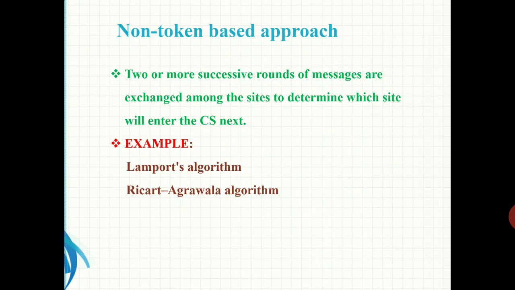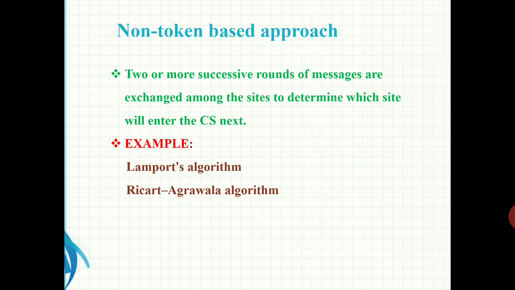In the non-token based approach, a site communicates with all other sites in the distributed system in order to determine which site should execute the critical section next. That is, if a particular node wants to enter the critical section, then it will send the request to all other nodes and then finally enter the critical section.